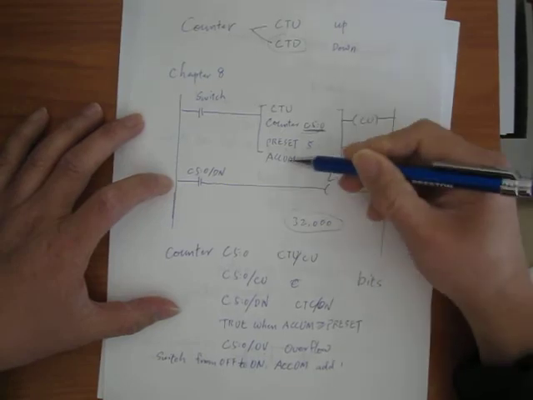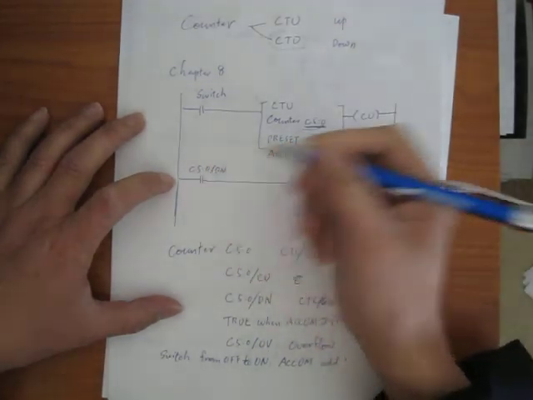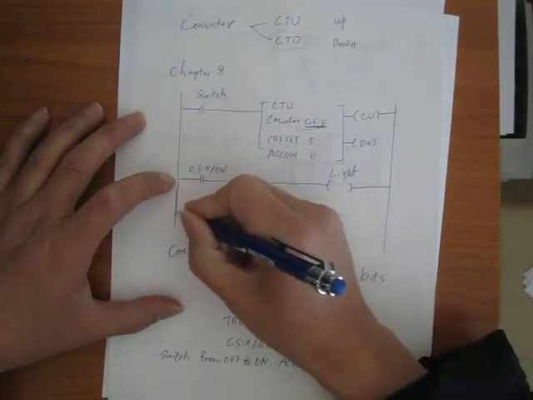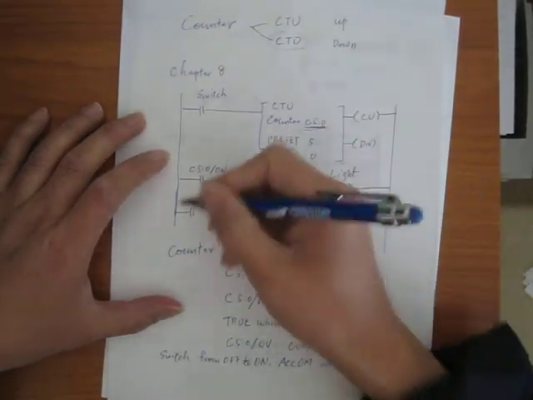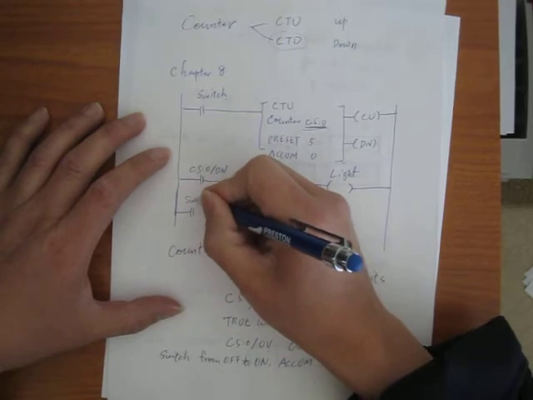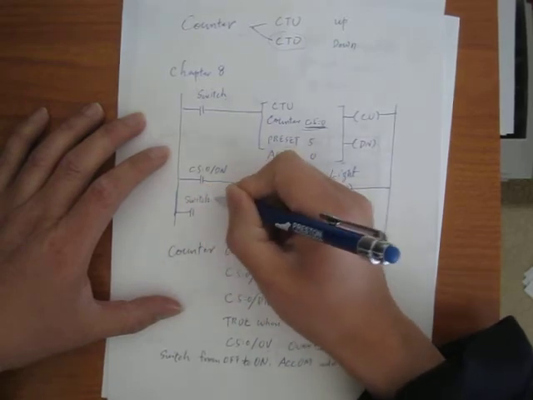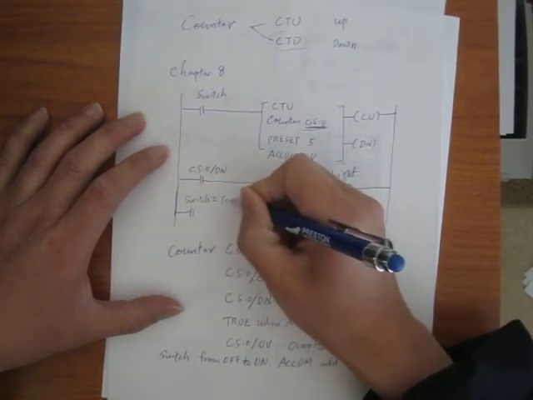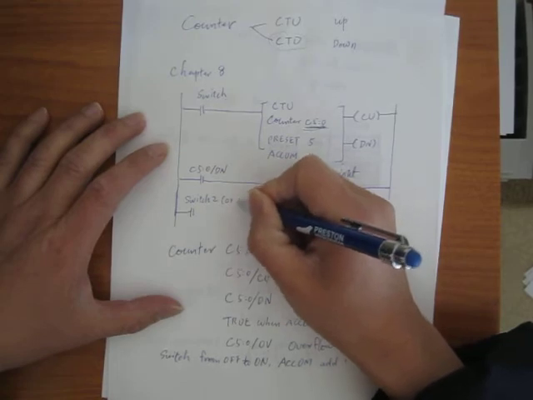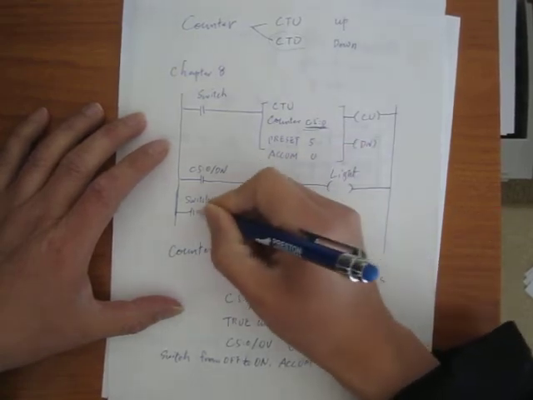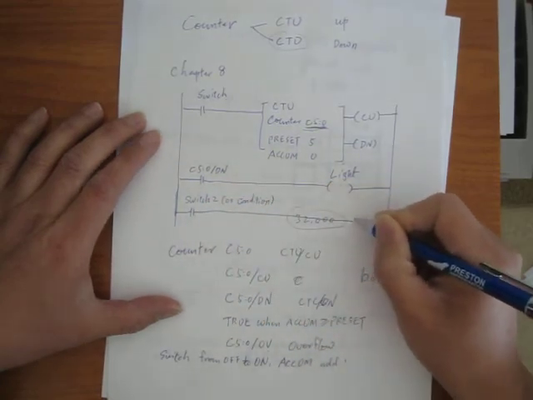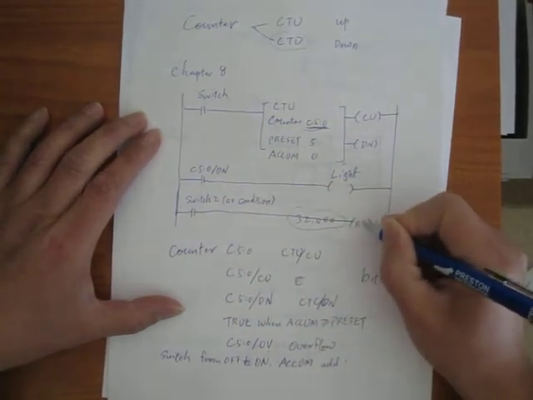Now, if you need to reset the accum, you have to use another switch or another condition, for example switch 2, or a timer or something like that, and then you can reset.